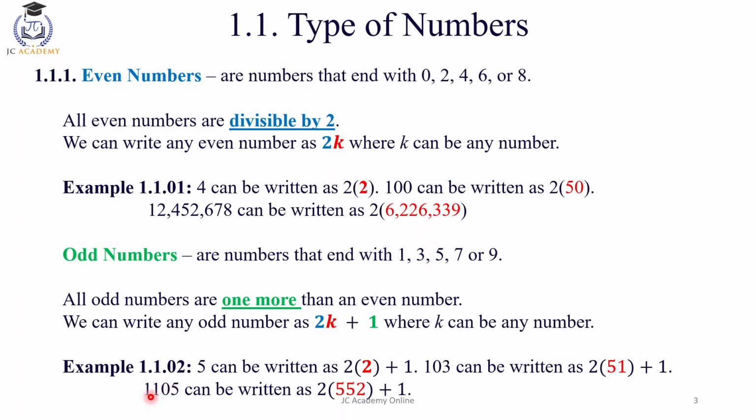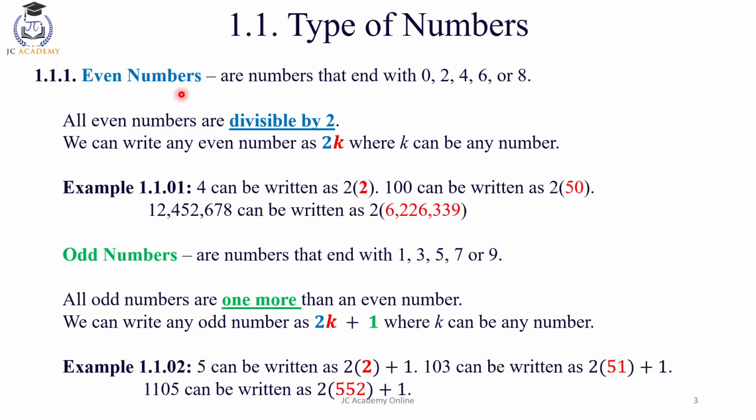The number 1105 is an odd number because the last digit is an odd digit, it's a 5 here. Therefore, it can be written in the form 2k plus 1. So that's 2 times 552 plus 1.